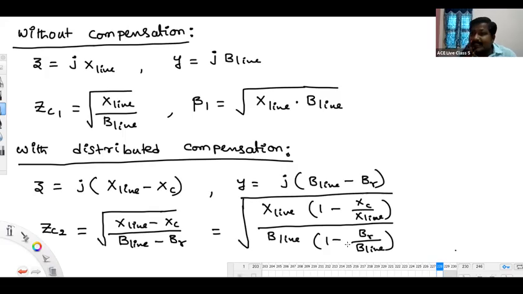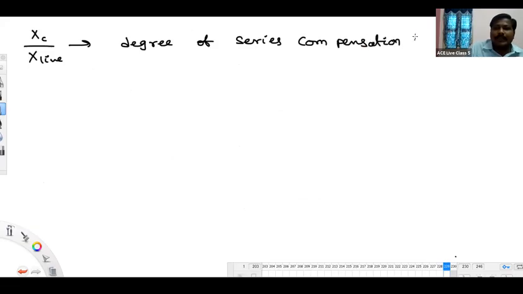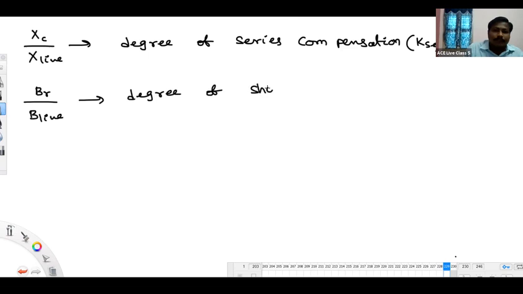BR by B line, we will be naming as degree of shunt compensation, KSH.